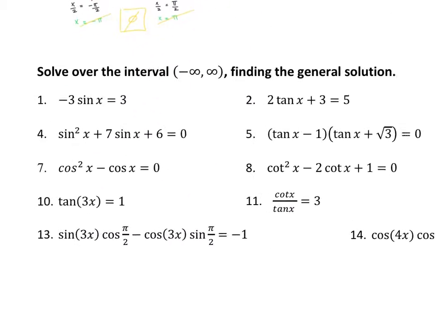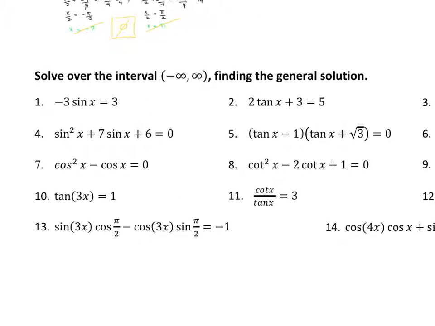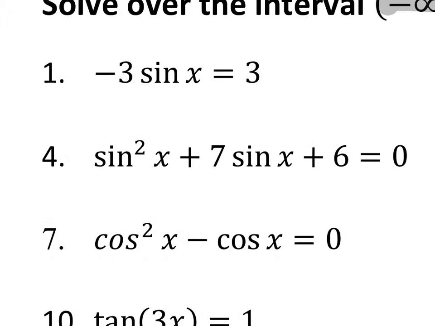Now we'll be solving over all real numbers, negative infinity to infinity. So let's start with number 1, negative 3 sine x equals 3. The first thing I need to do is divide by negative 3 to get the sine by itself. So the sine of x is equal to negative 1. Sine of x is equal to negative 1 at 3 pi over 2.